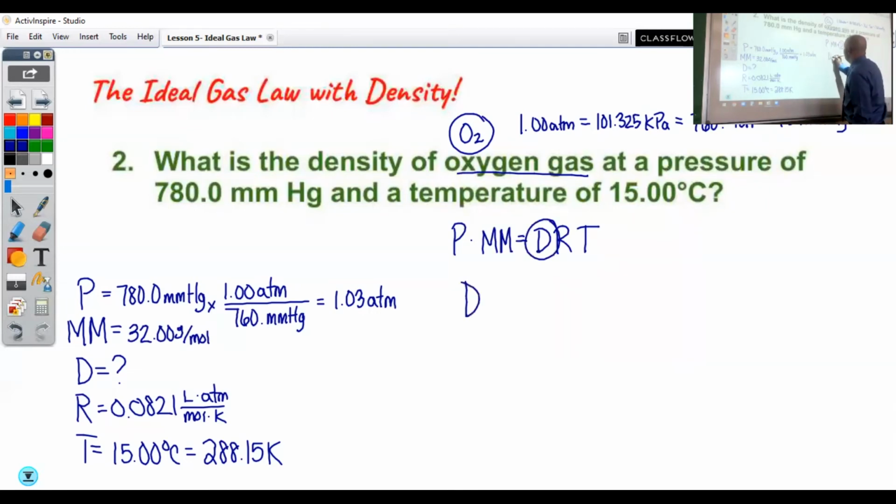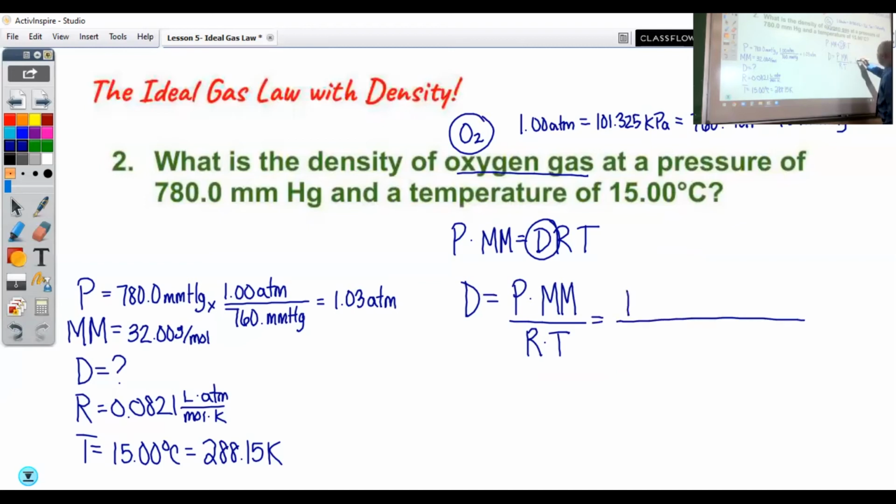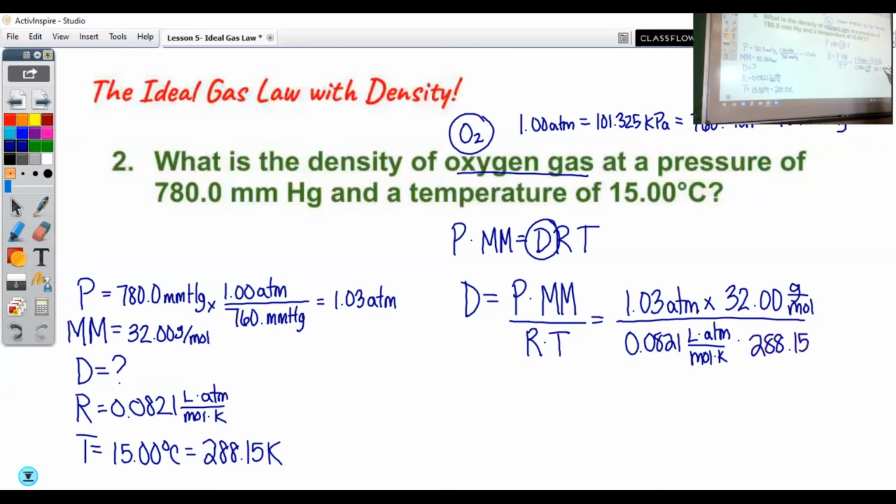So our equation, when we rearrange it, is going to be pressure times molar mass divided by R times T. So I can substitute into that equation: my pressure, 1.03 ATM, times my molar mass, 32.00 grams per mole, divided by our value for R, 0.0821 liter ATM per mole Kelvin, and our temperature, which in this problem is 288.15 Kelvin.